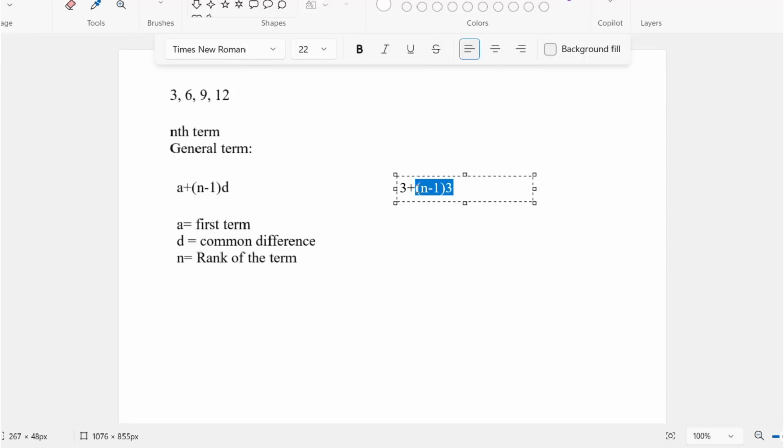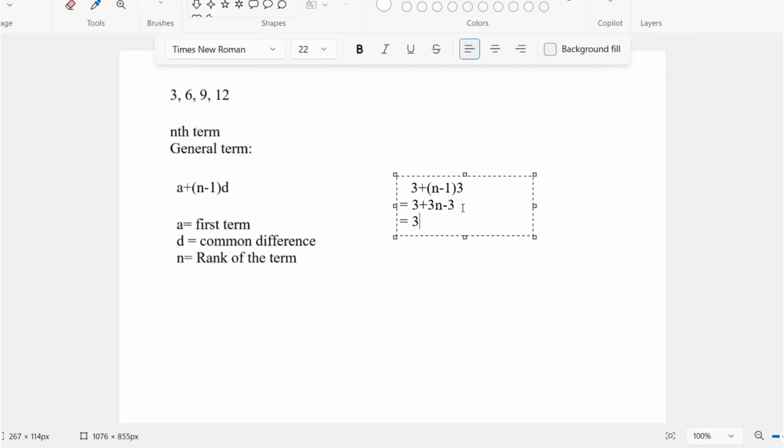Now using the distributive property, we could easily simplify this into a simpler expression as 3 plus 3n minus 3. And in this case, the negative and the positive cancel out.